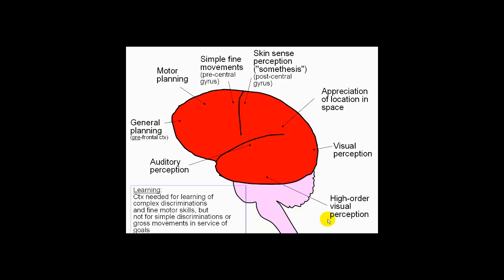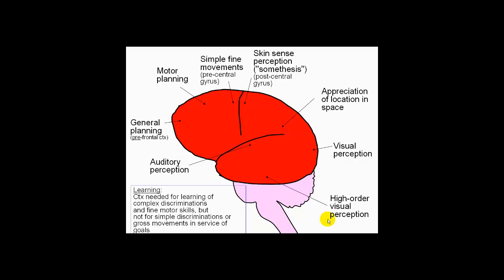The monkey can see it, but it can't get to it by just reaching straight. It's got to go around the hole. Organizing that movement of putting your hand through and going around the hole is organized in this motor planning area in the middle part of the frontal cortex.